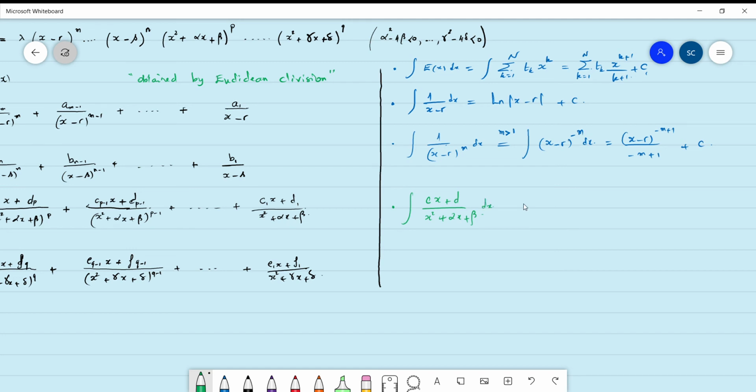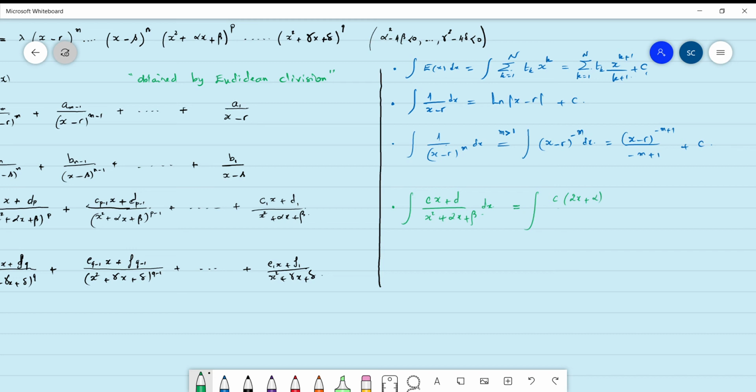I see that the derivative of the denominator is 2x plus alpha. So if I make up a term like that here, I can use substitution and get an ln. So let's make it appear. I want C times 2x plus alpha.